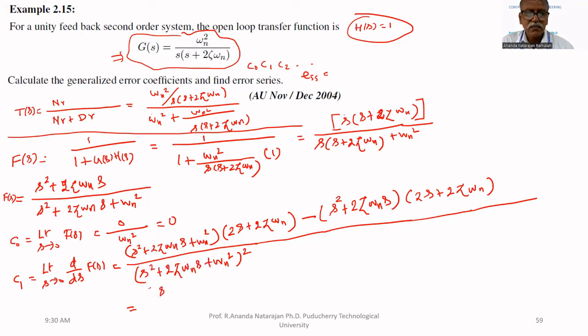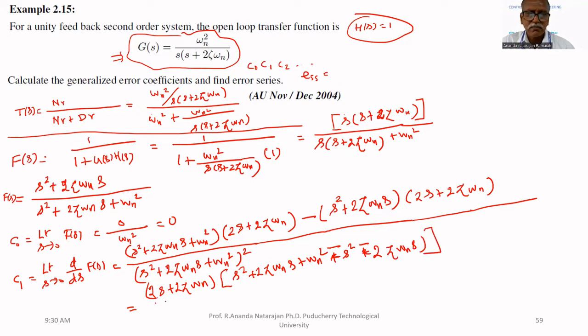The remaining things are S square plus 2 zeta omega n S plus omega n square minus S square minus 2 zeta omega n S. This is the numerator, upon S square plus 2 zeta omega n S plus omega n square whole square.